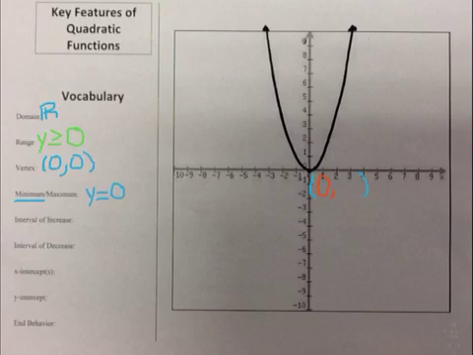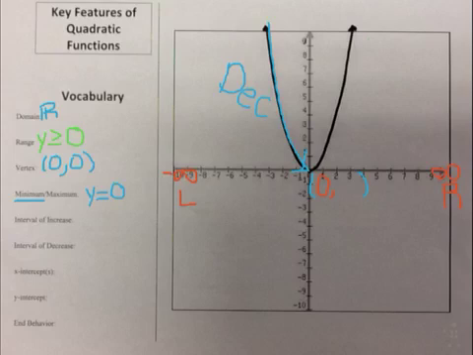If we look at the graph from left to right, so from the left side to the right side, this is negative infinity on the left. This is positive infinity on the right. And our graph is actually doing what? It's going down, right? So the graph over here is actually decreasing.